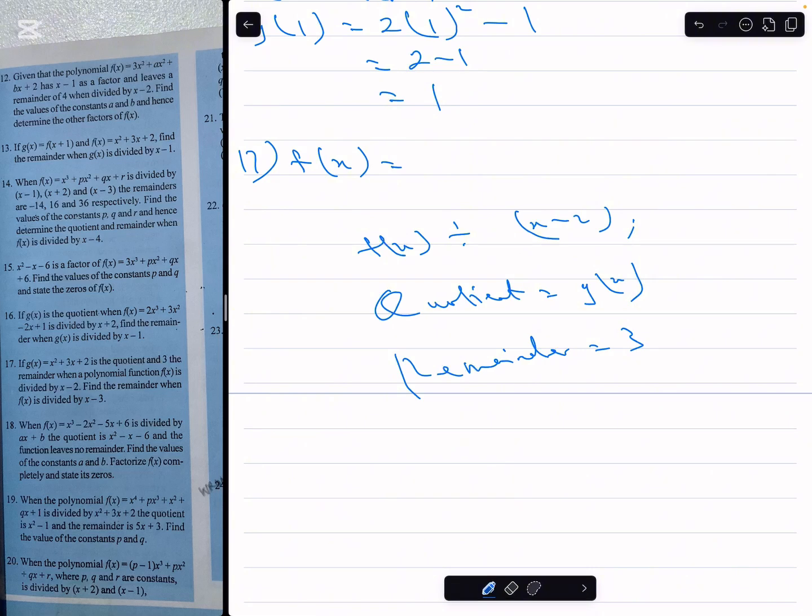Now what's the question? Find the remainder when f of x is divided by x minus 3. What's the remainder when f of x is divided by x minus 3?